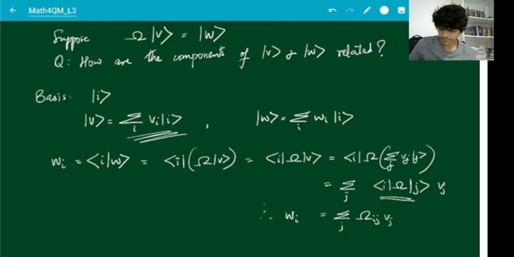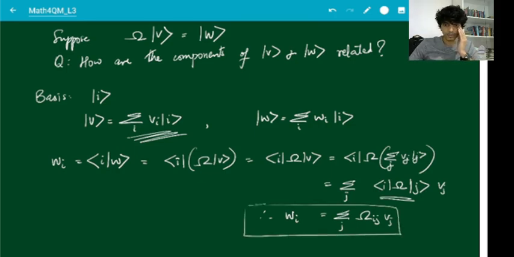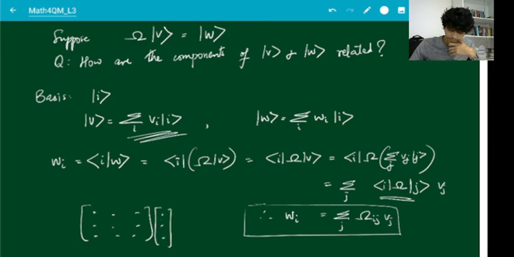So this is how the components of v and Ω are related to each other. And you can check, this is exactly how we do matrix multiplication, no? What does this formula mean? It just means you write down your Ω, all of its elements, then you write down your v_j, and what this rule is telling you is you do this times this plus this times this plus this times this.